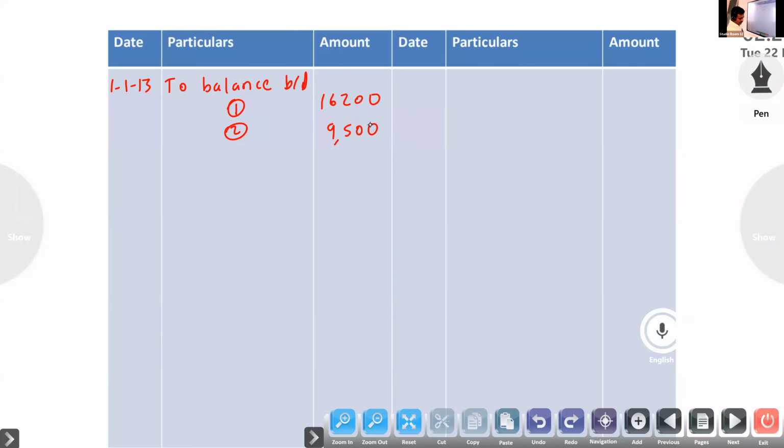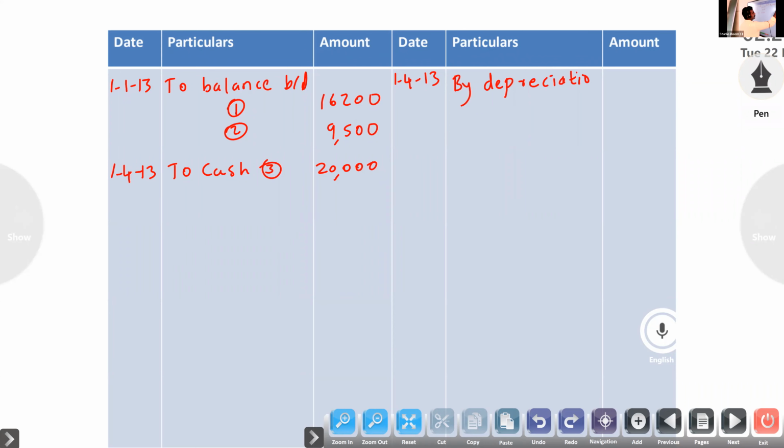This year, on 1st April 2013, we sold our first machinery and purchased new machinery. So on 1st April 2013 we purchased another machinery, to cash 20,000. Since a sale is there, first by depreciation.